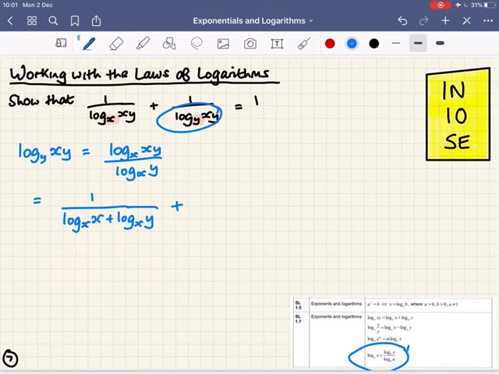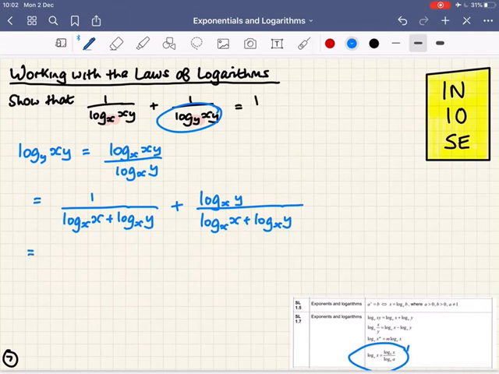So I can flip that fraction and make that log to base x of y on top and log to base x of x plus log to base x of y. Now, of course, you hopefully notice that I could rewrite log to base x of x as 1 just to make things easier here as well.